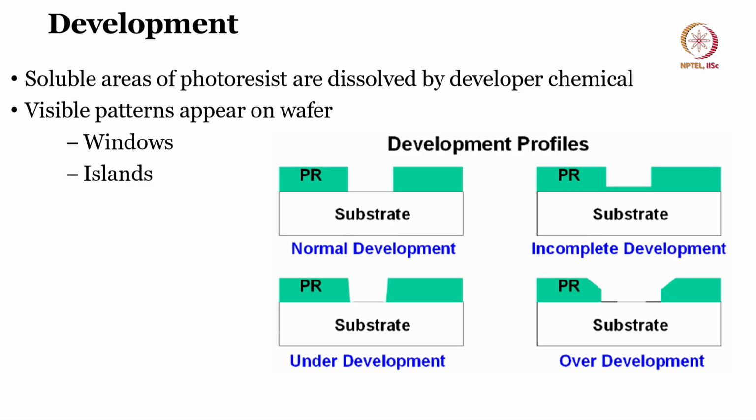When you develop the photoresist, that means after exposure you unload the mask and you dip the wafer into a photoresist developer, then if there is normal development, you will get a very good feature size. If there is incomplete development, the photoresist will stay. If there is under development, you can see here, while if there is over development, it means if you dip the wafer and forget to take it out, then the extra area will start etching, which we do not require.